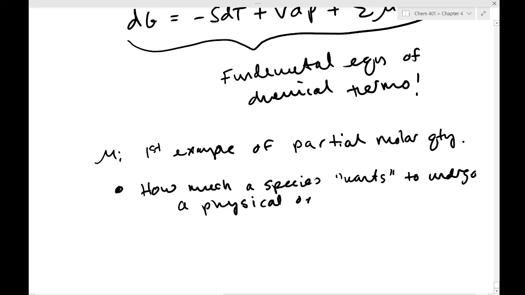Or not process, change. I'm putting wants in quotation because, of course, the substance doesn't really want anything at all. We're just anthropomorphizing the molecule to make it a little bit easier for us to understand. So the chemical potential is a measure of how much a species wants to undergo a physical or chemical change. Okay?